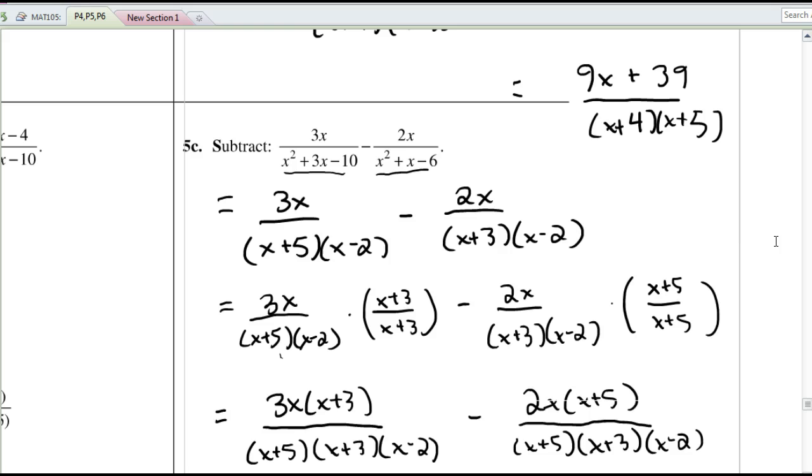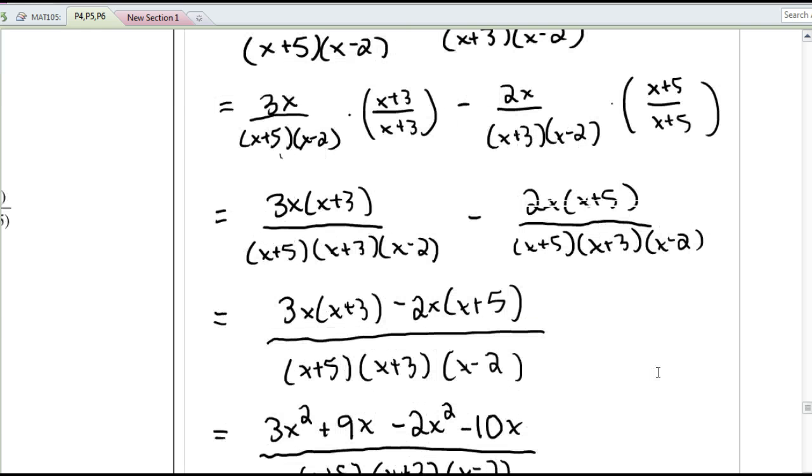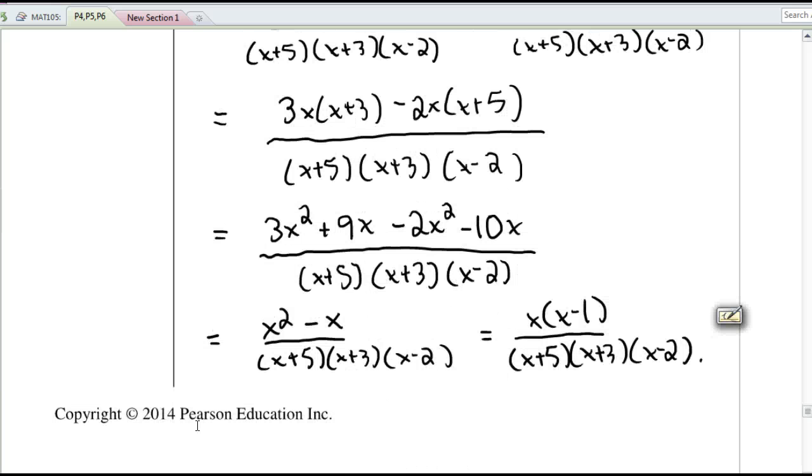The first fraction did not have an x plus 3, whereas the second fraction did not have an x plus 5. So we multiplied the first fraction by x plus 3 over x plus 3, and the second fraction by x plus 5 over x plus 5. And then came all the work. We have the same denominator, we combined on top, and then multiplied out the top expressions and added our like terms.